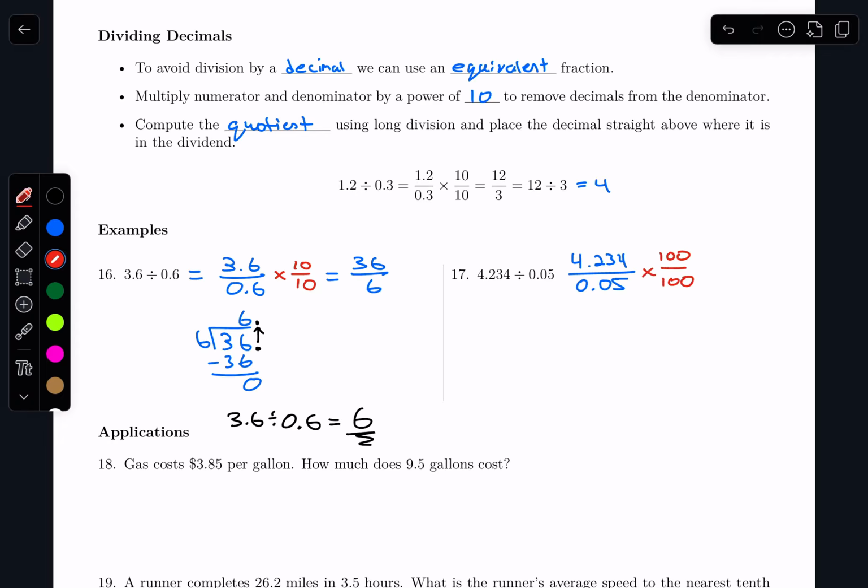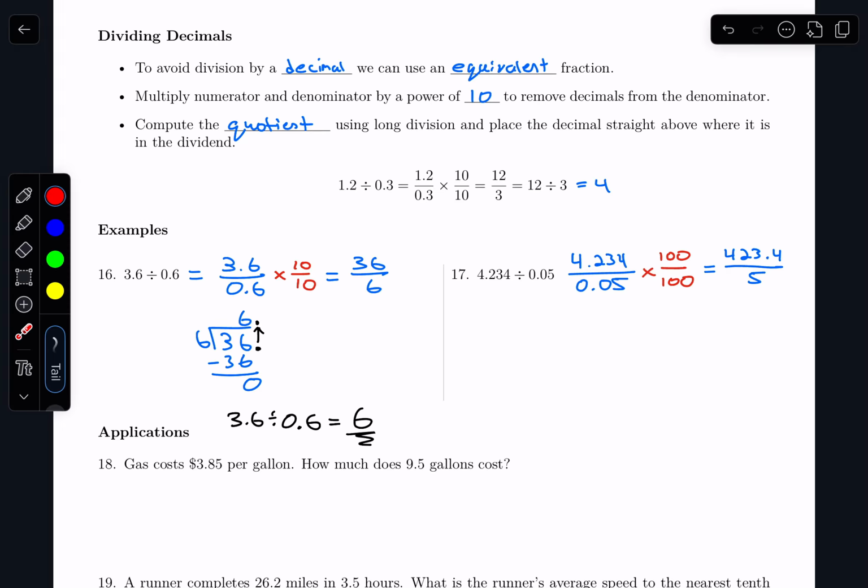So I'm going to multiply top and bottom by 100, and this is going to give me a new fraction, 423.4, or 423 and 4 tenths, divided by 5. Because when I move that decimal place twice to the right, it just becomes 5 point, and then we have no more decimal places. So those zeros in front actually go away when I convert it.